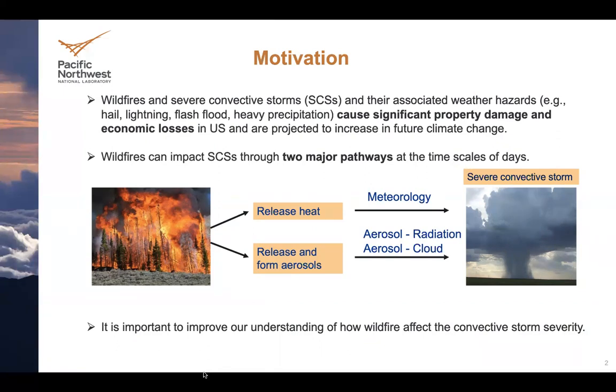Usually, wildfires can impact severe convective storms through two major pathways.